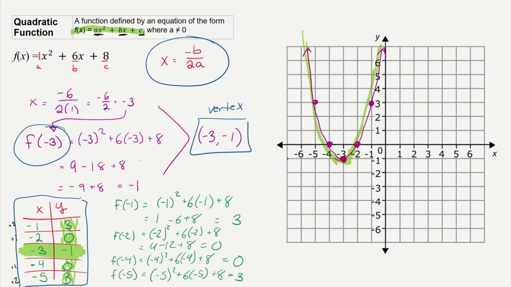I create it in a very specific way by putting the vertex in the middle and increasing by 1 and then increasing by 2 and then going to the other side and subtracting 1, subtracting 2. I then plug all those values in, but I recognize the symmetry of the y values as well. And then I plot those on my graph, and I connect the dots. And there you have the graph of a quadratic function.